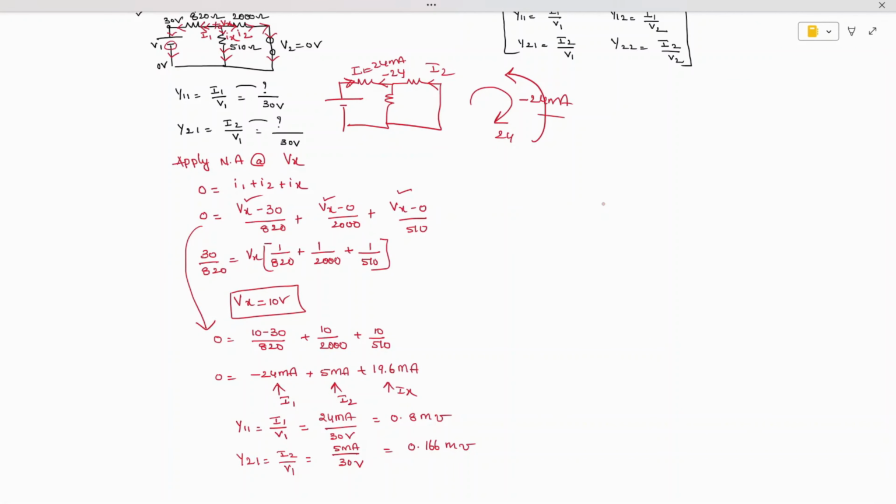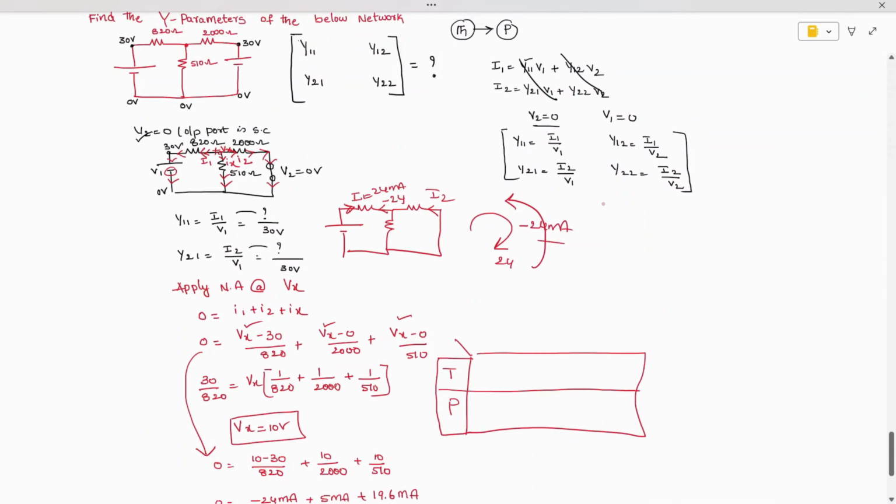Okay, so here the tabular column you are going to get like this. Now let us try to draw the tabular column to see what we are going to get. So this is the tabular column. In this tabular column, you are going to get the theoretical calculations, and the practical calculations at the top. So here what we assumed is 0, the first term: V2 is 0.